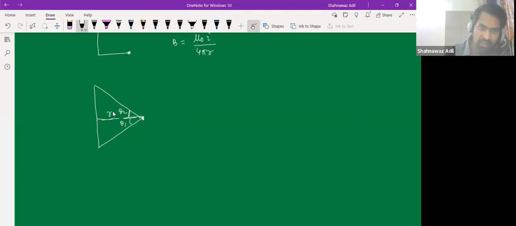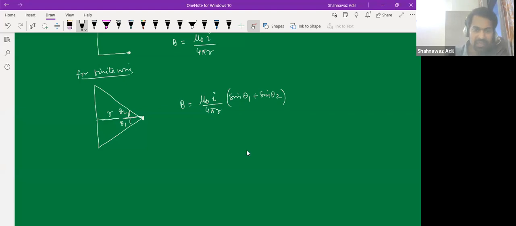This was r distance. So the magnetic field was mu naught I by 4 pi r times sine theta 1 plus sine theta 2. This was for the finite one, and the direction was inside, because this is the current.